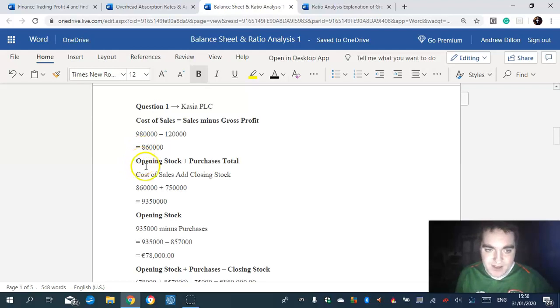Then find opening stock: opening stock plus purchases gives the total, then cost of sales, add the closing stock. To find opening stock, the answer is the purchases taken away from 57,000, and my answer will be 78,000.